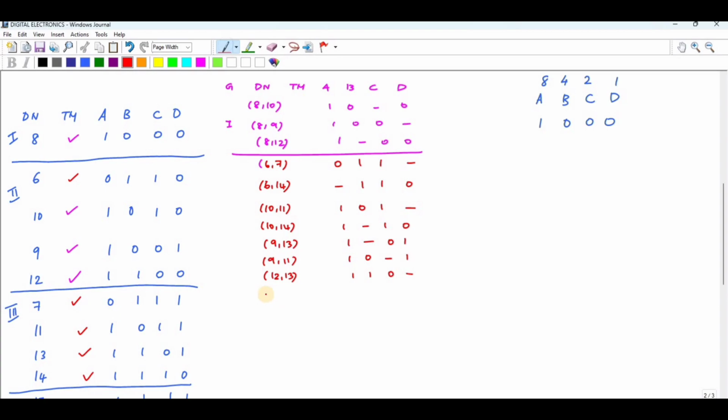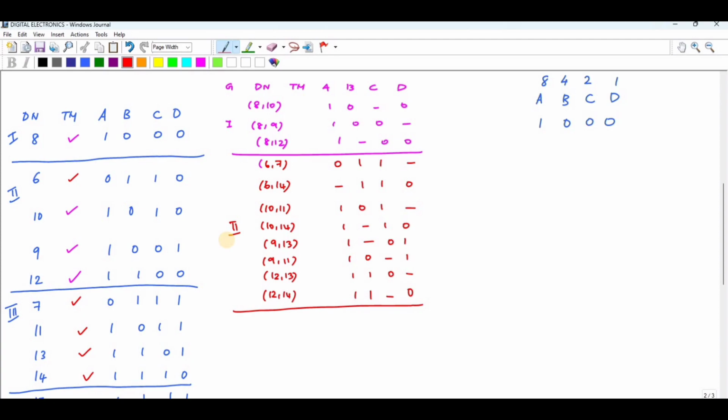If I choose 12 and 14, I will get 1 1 dash 0. Okay, so that's all about your second group.